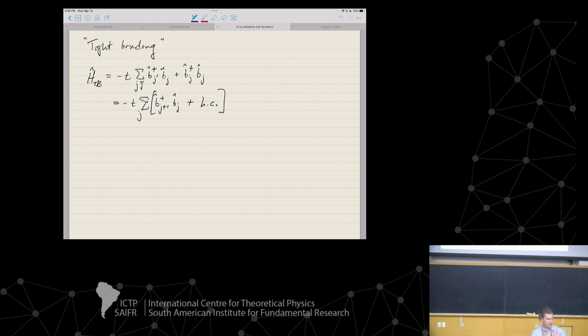Everyone move to the left, or everyone move to the right, okay? And so instead of summing over all sites, you could just say this is minus t times a shift operator by one lattice site plus its Hermitian conjugate, which is a really simple Hamiltonian.